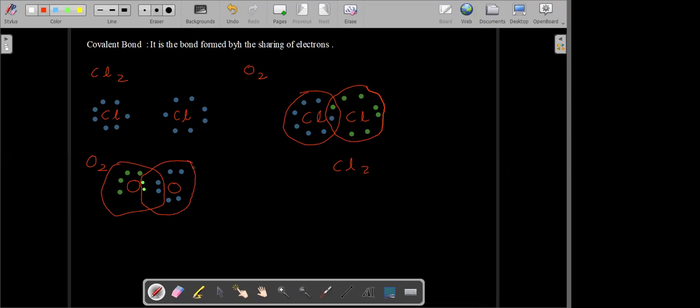Hence, the valency of oxygen is satisfied. Now this can also be shown with 2 lines between the oxygen atoms. It shows that the 2 oxygen atoms are connected with a double bond, or they are sharing 2 electrons. So there are a total of 4 electrons which are participating in a double bond.